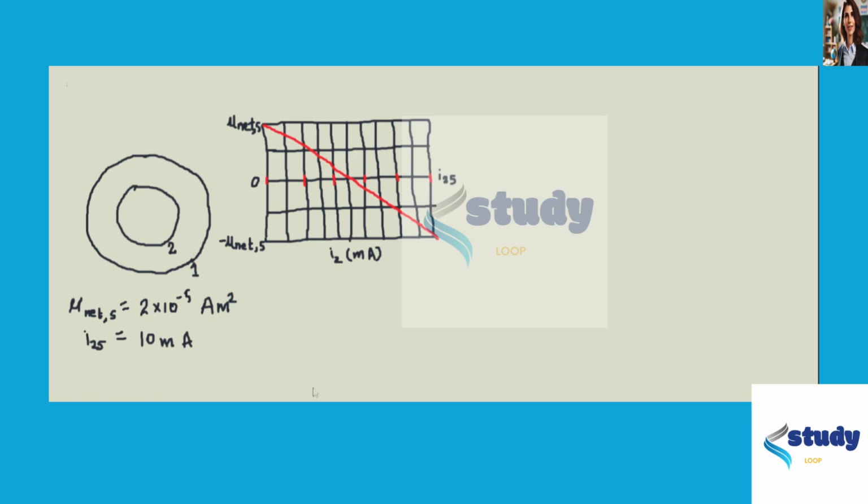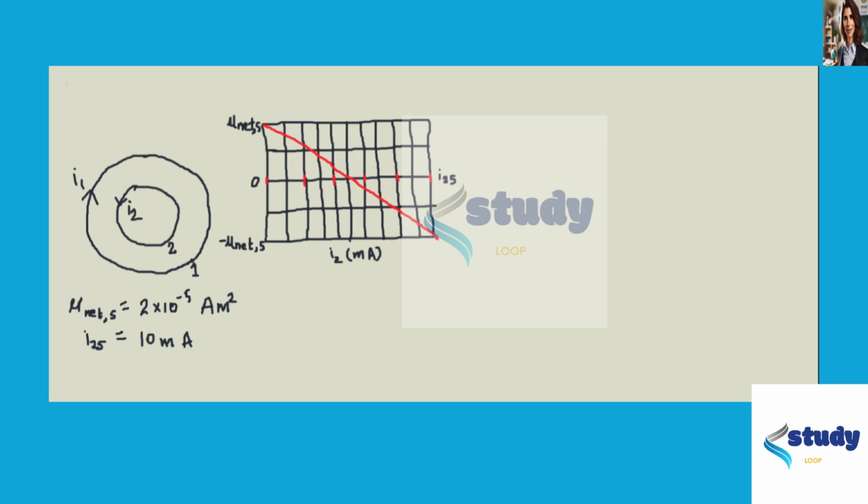And the mu net is given as a function of the current in the second coil, and that graph is plotted for mu net versus the current in the second coil, that is I2. So I1 is the current flowing through the first wire. This is I1, this is I2. This is the initial case.